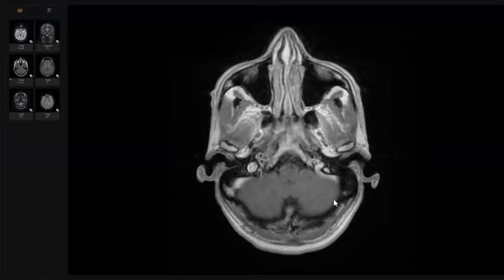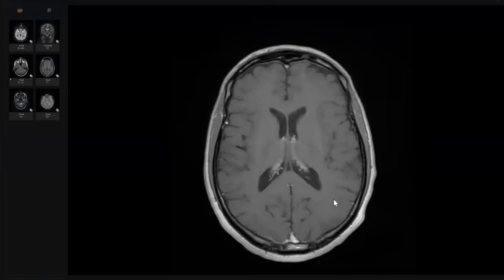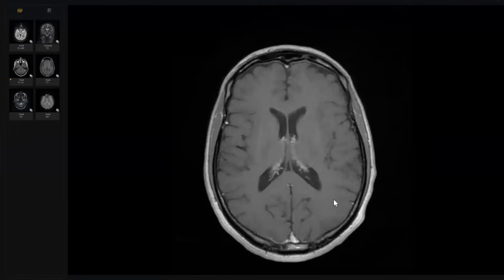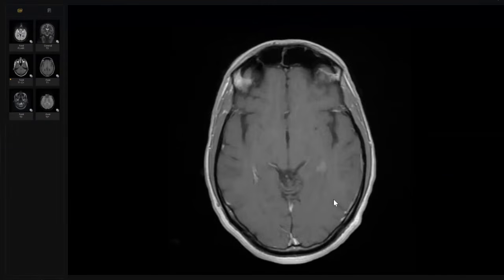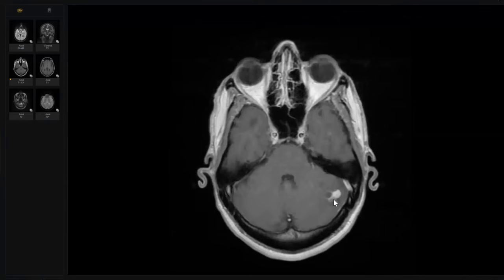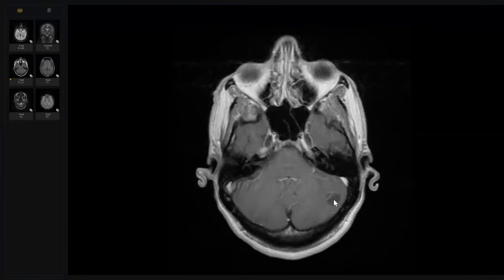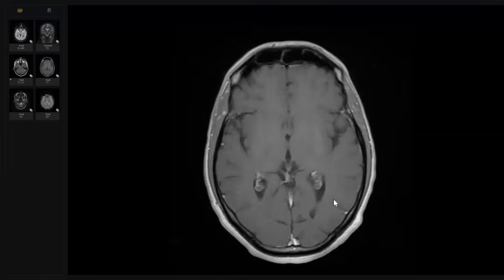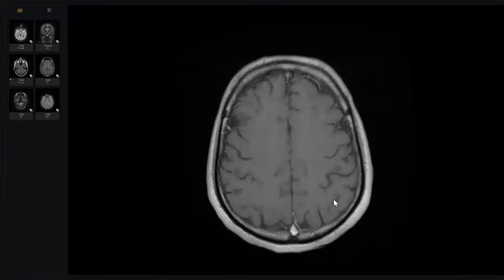So, complete signs and criteria of von Hippel-Lindau, one of the phacomatoses. What are the phacomatoses? Phacomatoses are syndromes which contain neurocutaneous manifestations, like NF1, NF2, Sturge-Weber, and whatever else. By the way, it is not an easy case, but a very good case.